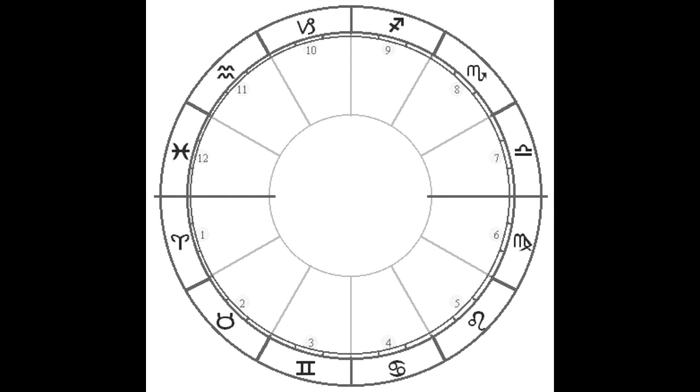Since Earth is considered to be in the center of this 360-degree circle, you take the 360 degrees, divide by 12, and we end up with 12 sections of 30 degrees. And the beginning of this circle would be referred to as degree 0, also known as Aries, or what's also called the Aries ingress. And that's it in a nutshell.